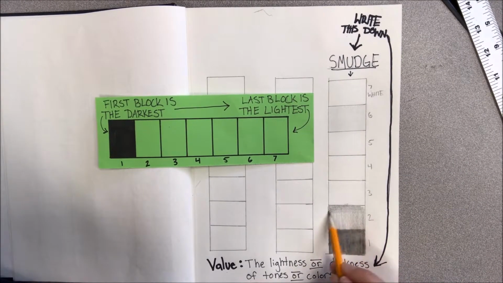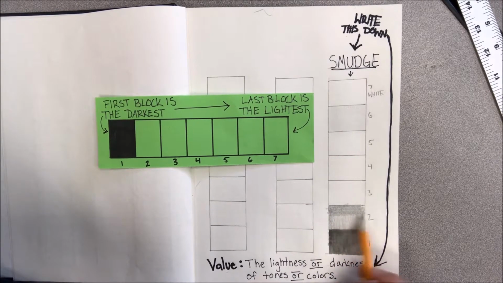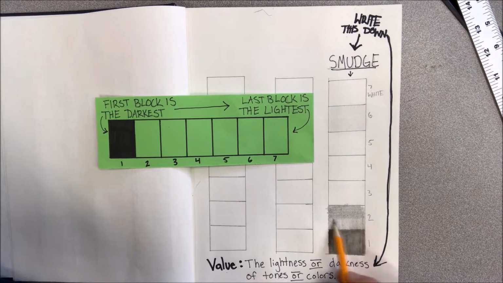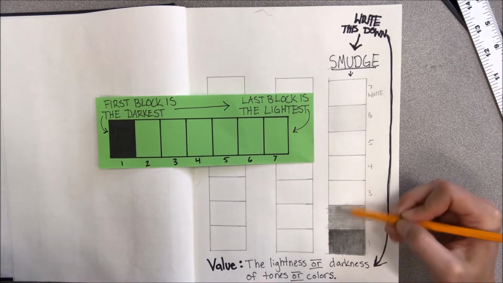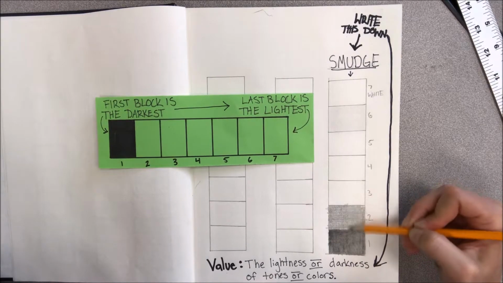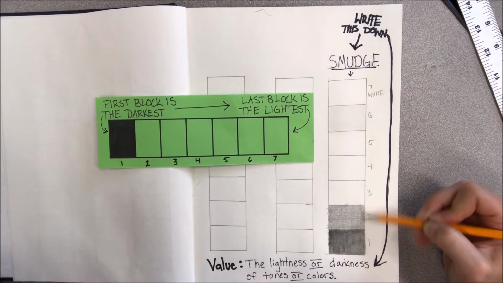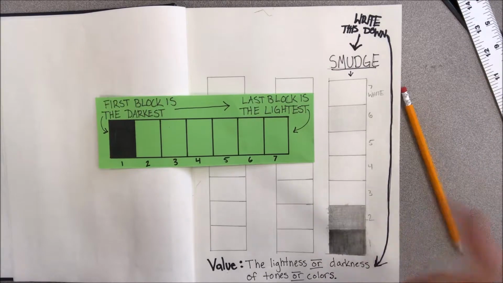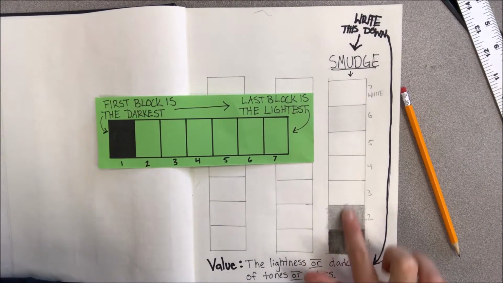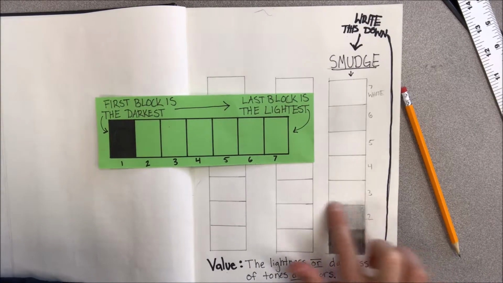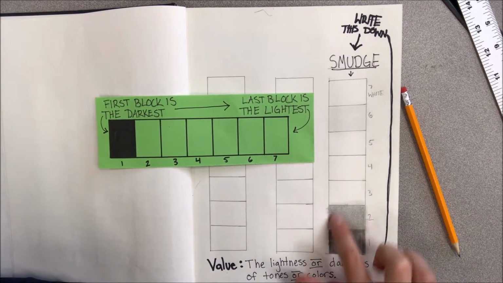Again, going one consistent direction and then switching and going a second consistent direction. I'm going to choose to again use my finger, smudge that in to make a consistent tone.